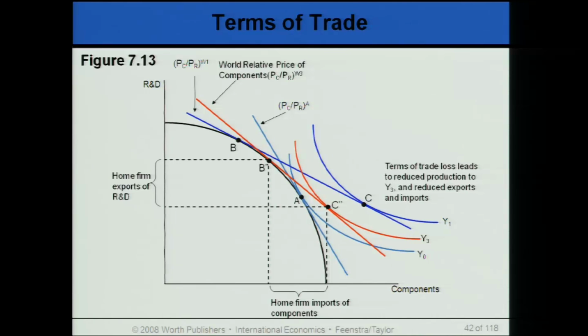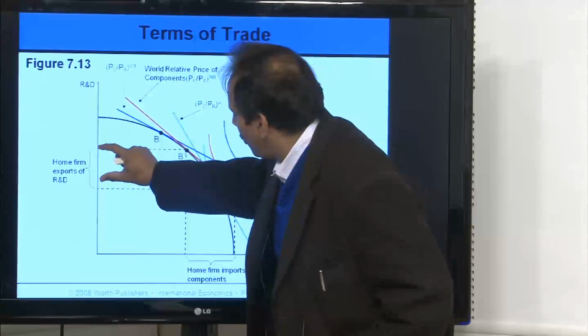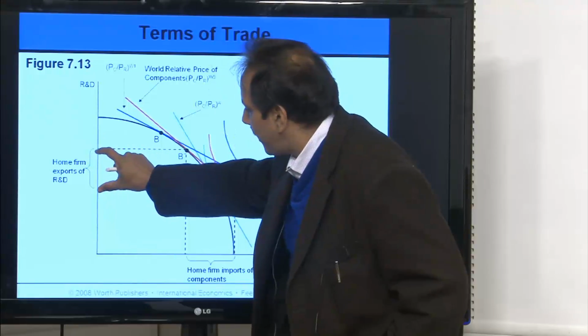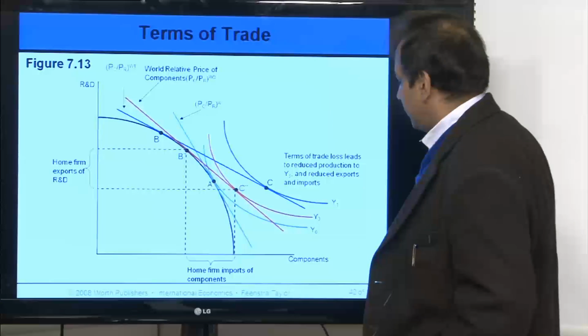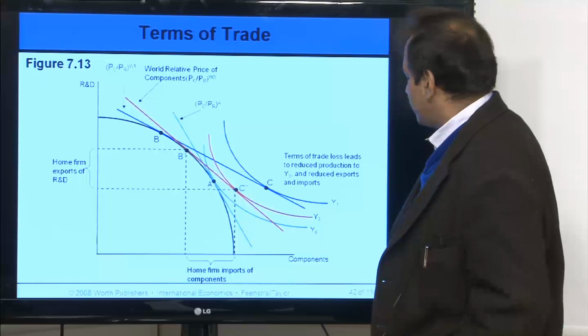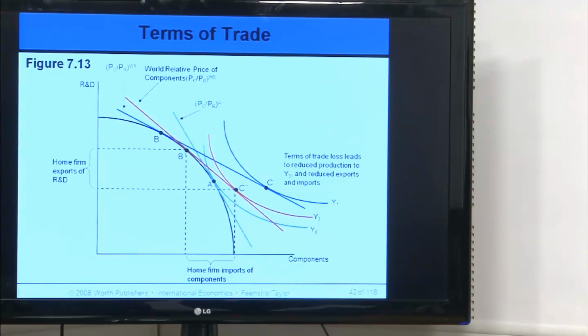and they come to a point like B double dash, where they export less of the R&D capital intensive good and import less of components from the developing nation.